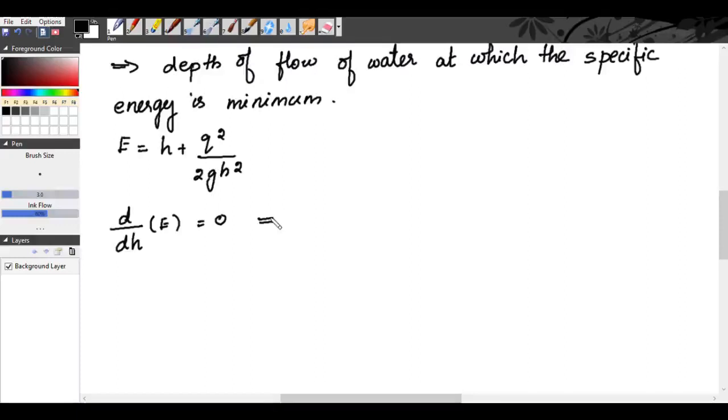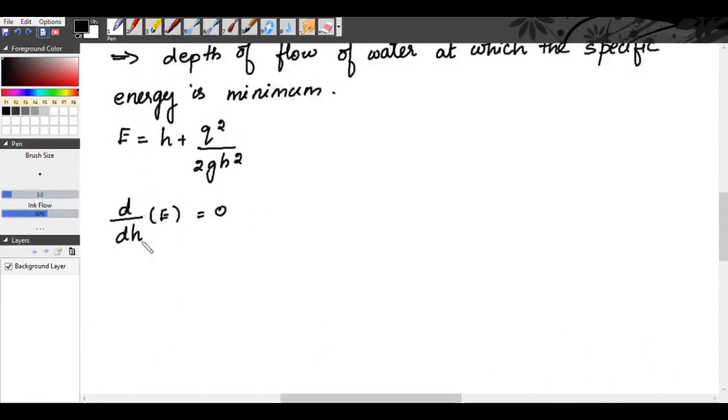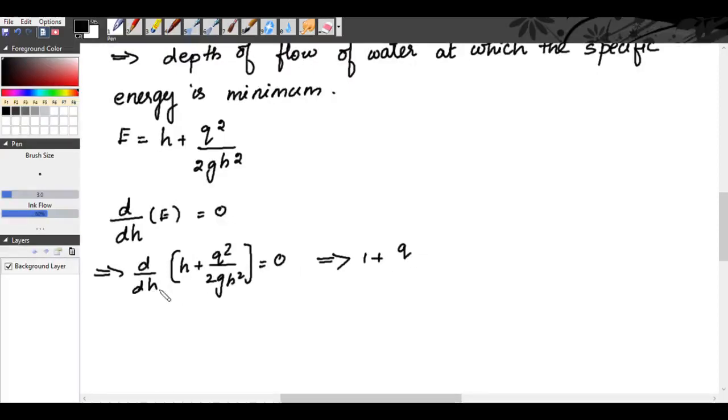So d by dh of H plus Q square by 2g h square is equal to 0. From which we get 1 plus, differentiation of h with respect to h is 1.